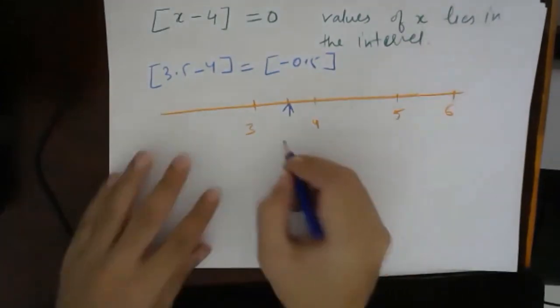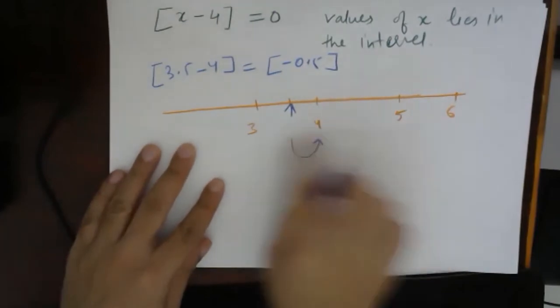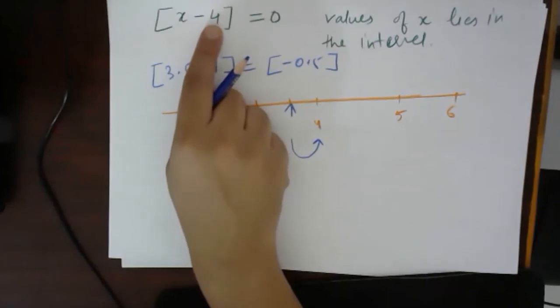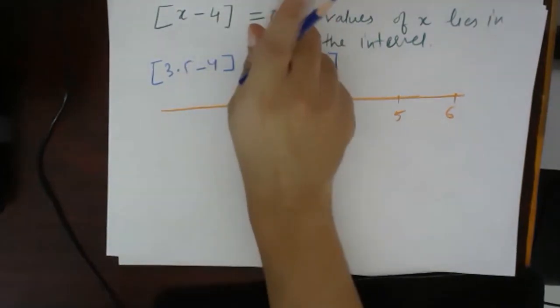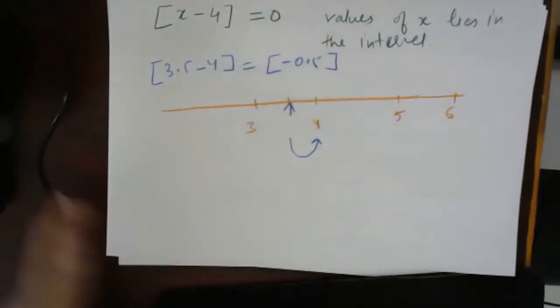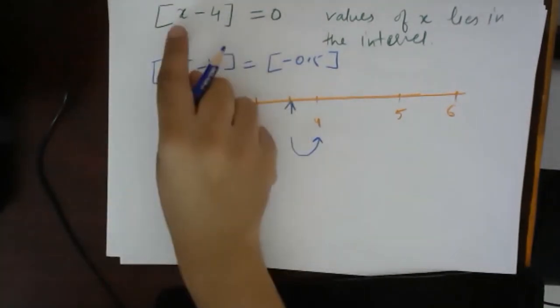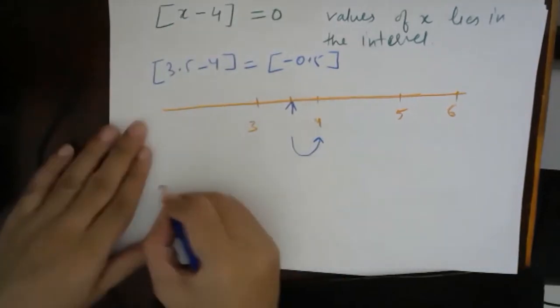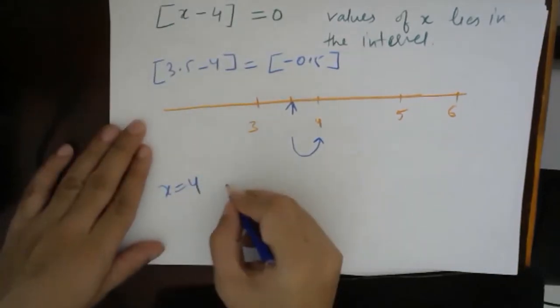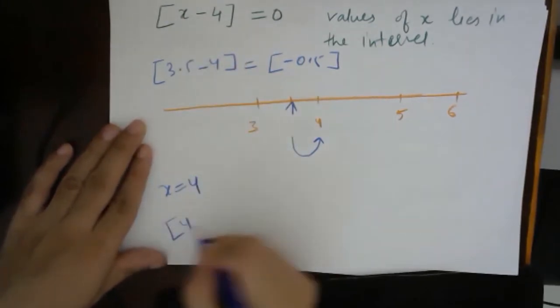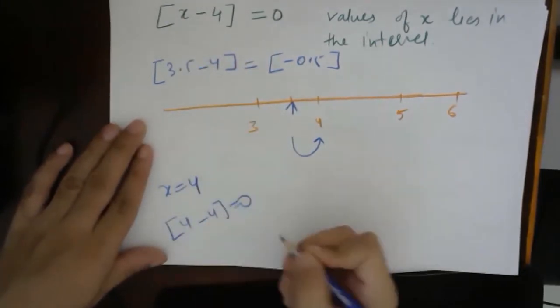So let's take 4. When I substitute 4 here, I can directly see that 4 minus 4 is equal to 0. That means if I'm moving in the increasing direction, the first number that gives me 0 is when x is equal to 4: greatest integer of 4 minus 4 equals 0.